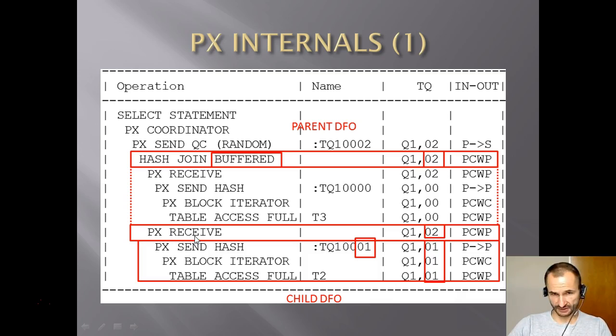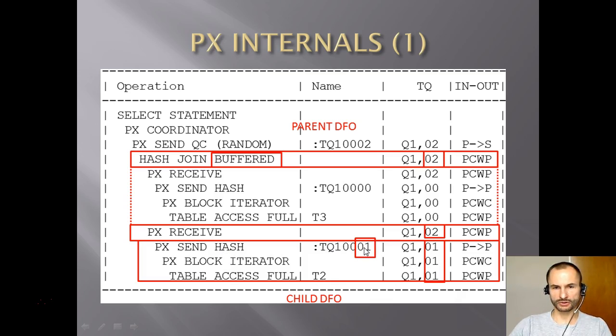So this second receive operation is also performed by the slave set that has performed this receive operation in the first phase. And then we have this parallel slave set that has run this child data flow operation. When this is completed, it will start this operation. This child DFO, which is marked with this O1, will be started next.